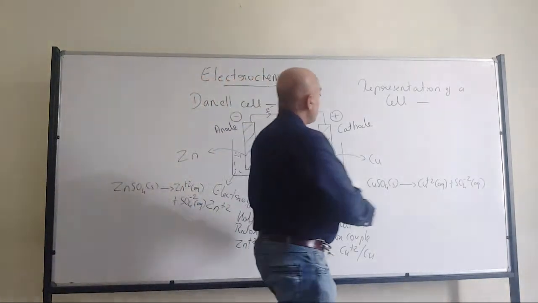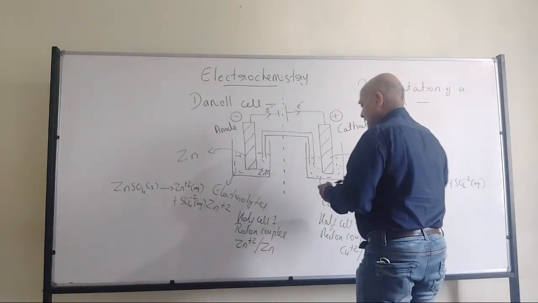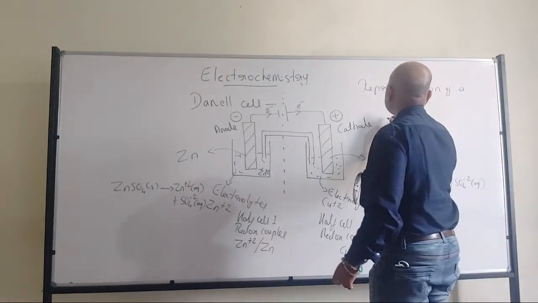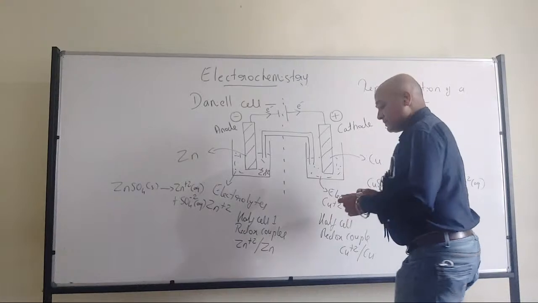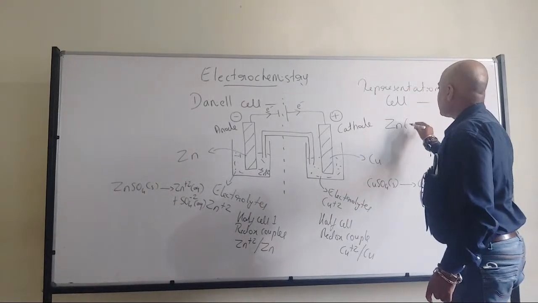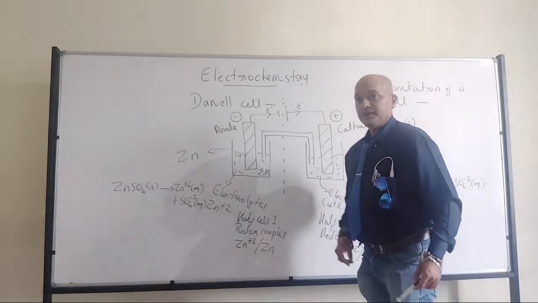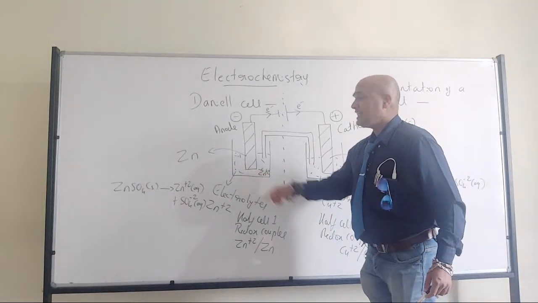So which is the anode, which is the electrode in this case? That electrode is zinc. Now zinc is an electrode, therefore it is a solid. It is in connection with the liquid.